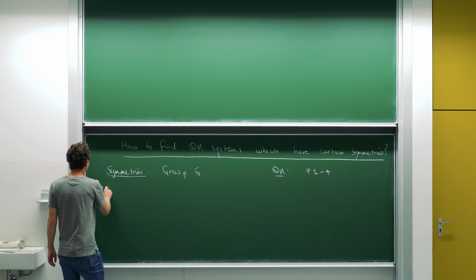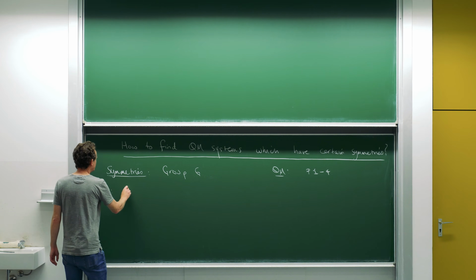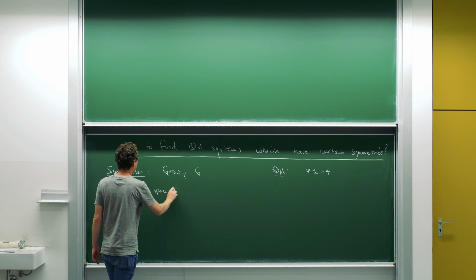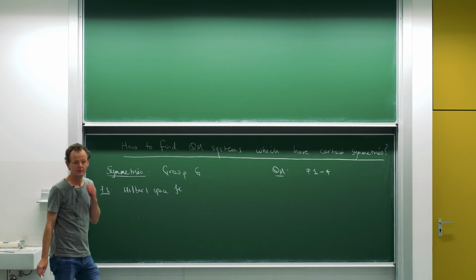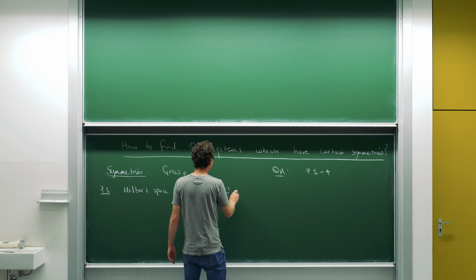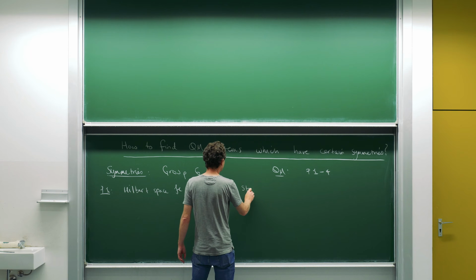That would mean, according to postulate 1, that we need a Hilbert space. According to postulates 2 and 3, we would want to talk about states and measurements.